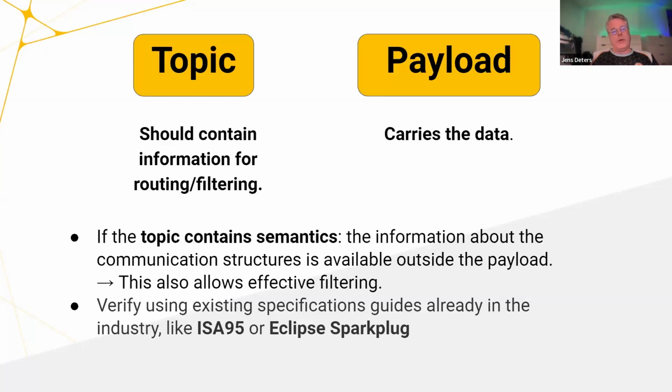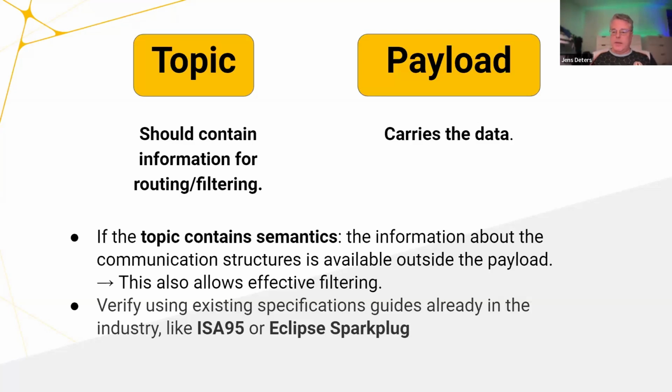Basically, a good approach, and what we've also implemented in our projects, and what we see is really helping the industry, especially the manufacturing industry, to implement a unified namespace, is to follow existing specifications, mostly ISA-95, or maybe also Eclipse Sparkplug.